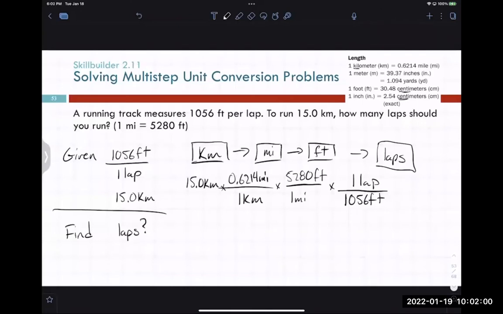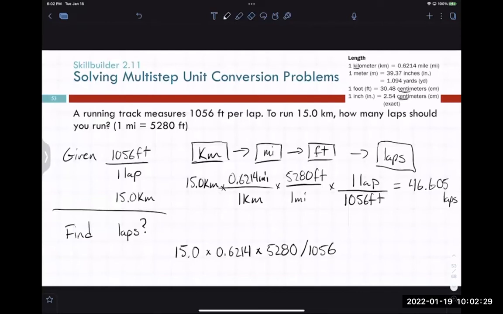If you are curious as to how I type it into my calculator, 15.0 times 0.6214 times 5,280 divided by 1,056. 46.605 laps.